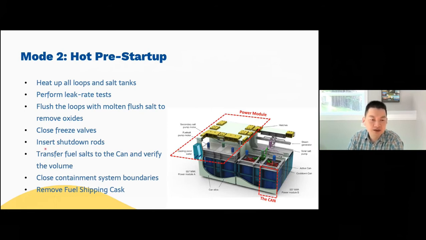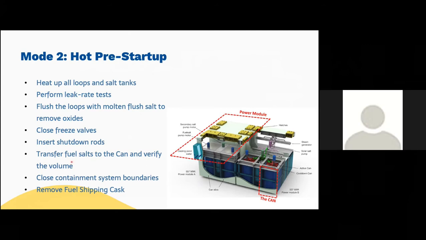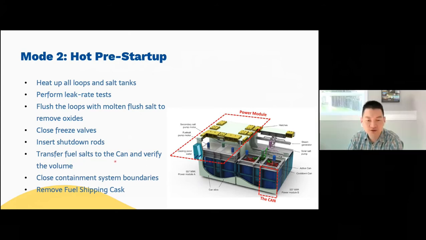And then we insert shutdown rods. Once we insert shutdown rods, it will be safe to transfer the fuel salt into the can. And of course, we have to verify the volume because it's not only important for safety, but it's also important for safeguards. We want to make sure that we know where the nuclear fuel is.